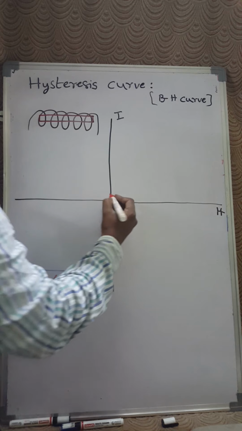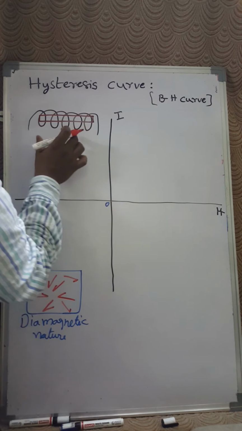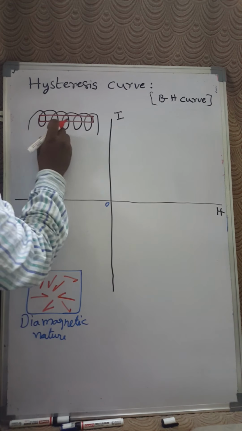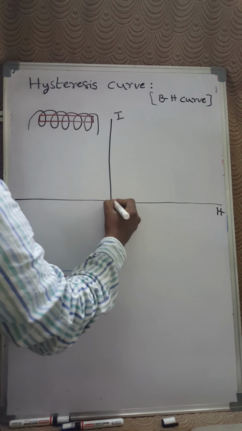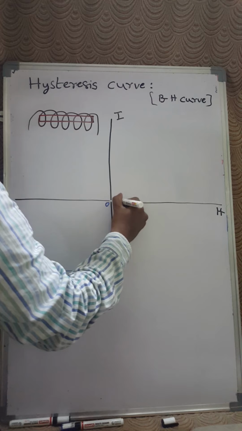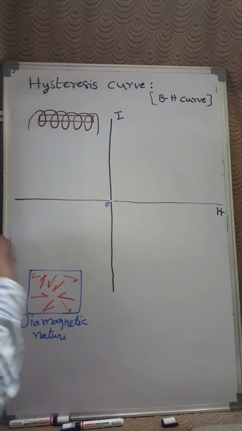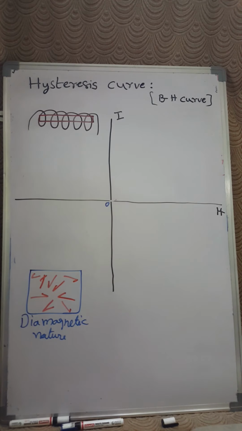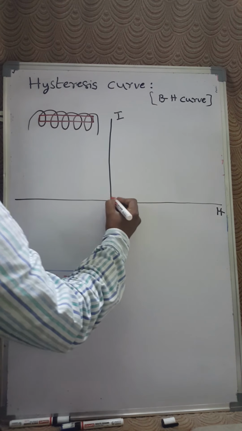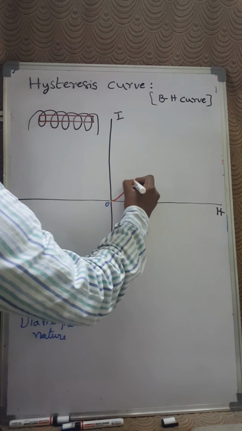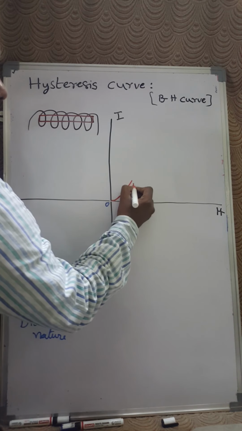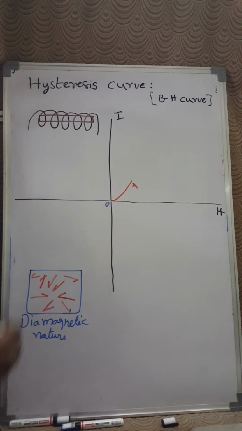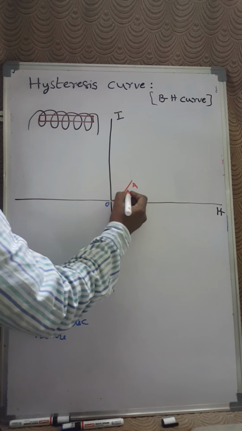Now let us see here. What I am going to do is start increasing the magnetic field from 0 to some particular value, called point A. OA, right?